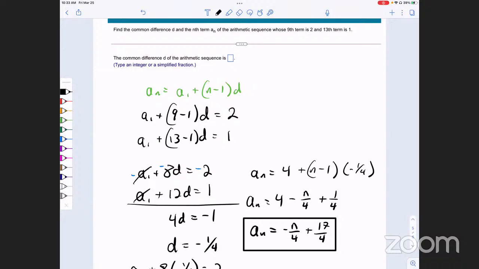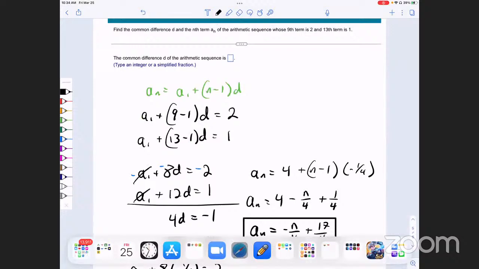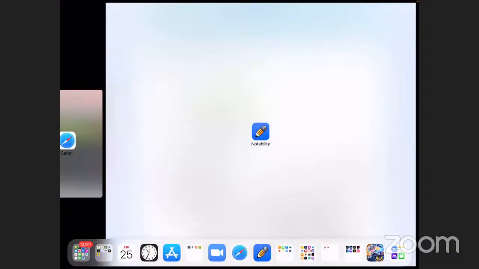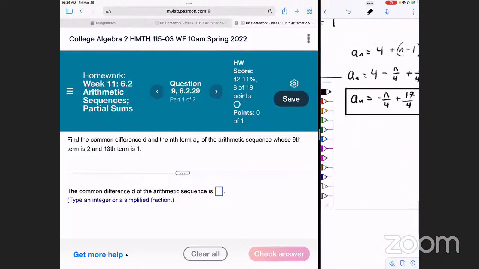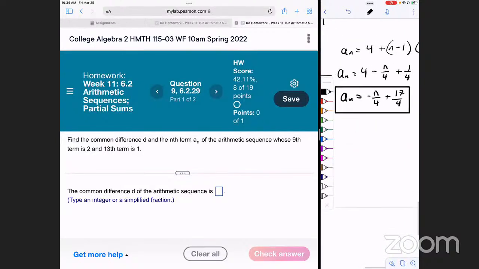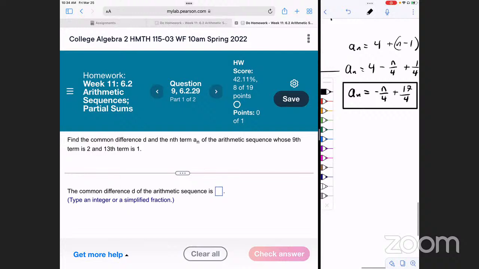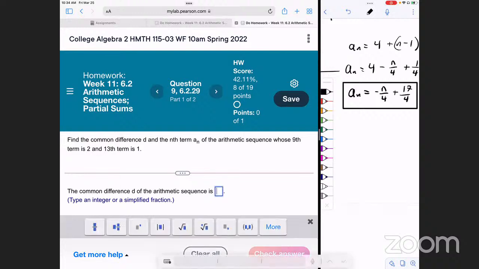So then we're just going to hop back over to Pearson. What's the time? Let's try to hang out for another 10 minutes. So then we got -n over 4 plus 17 over 4.